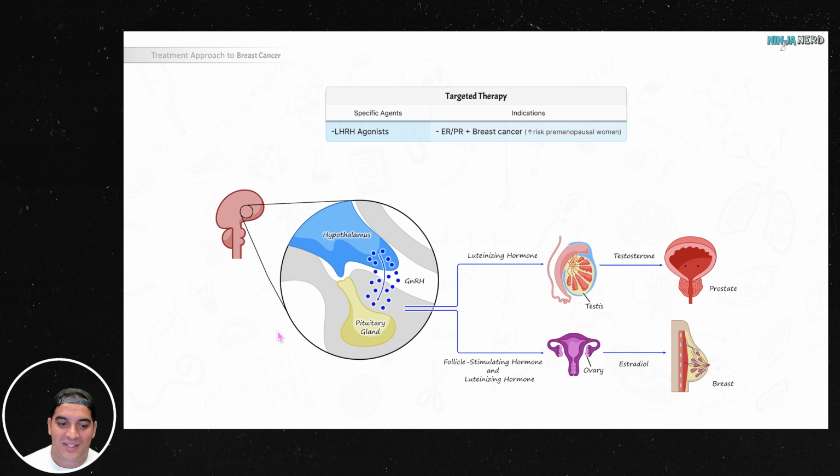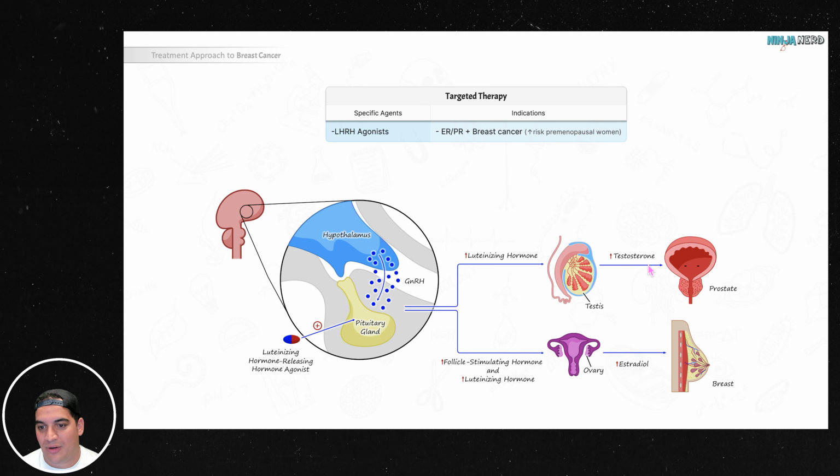So whenever you give someone what's called an LH-RH agonist, you're acting like GnRH. Another name for this is a GnRH agonist. And so what it's going to do is stimulate the pituitary gland to increase the production of luteinizing hormone, to increase the production of FSH and LH. When you do that, and we're focusing here on the female side, it's going to then tell the ovary to increase the production of estradiol.